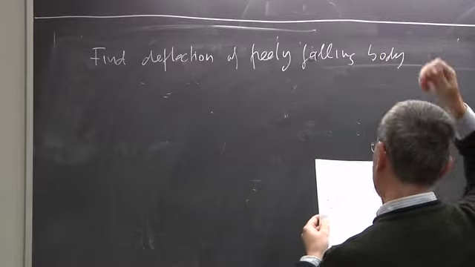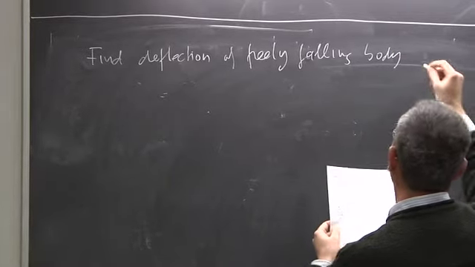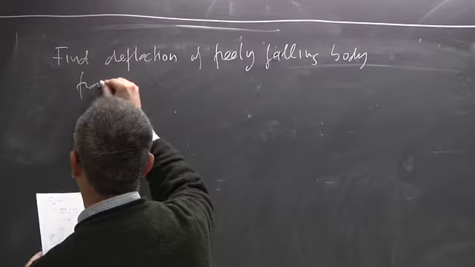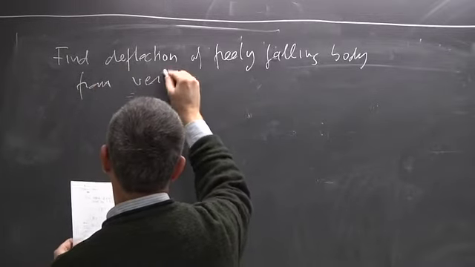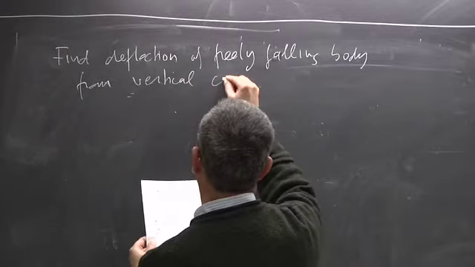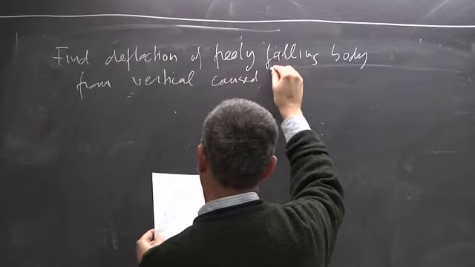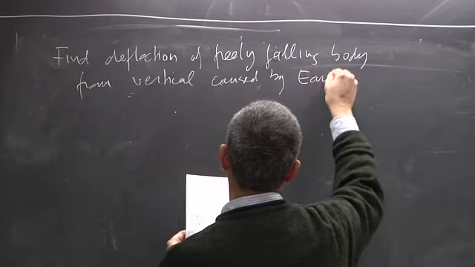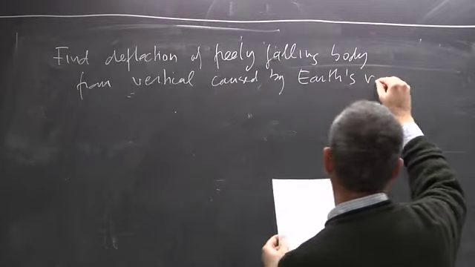Take a point mass and drop it from vertical, so the deflection caused by the Earth rotation.